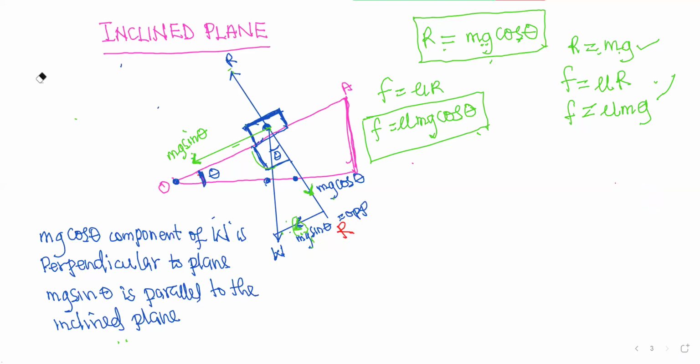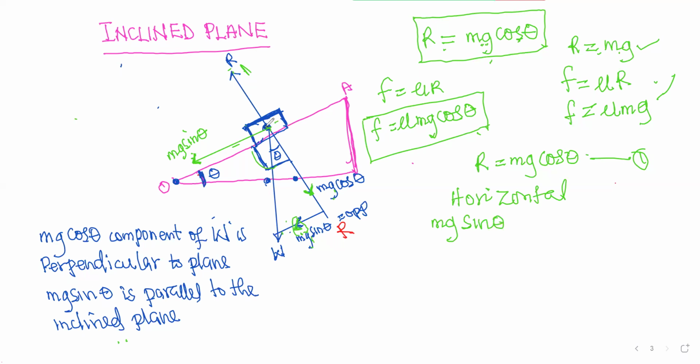All right. So R is equal to mg cos theta, meaning vertically there is a balance. This reaction is balanced by mg cos theta. Along the plane, we see mg sin theta.